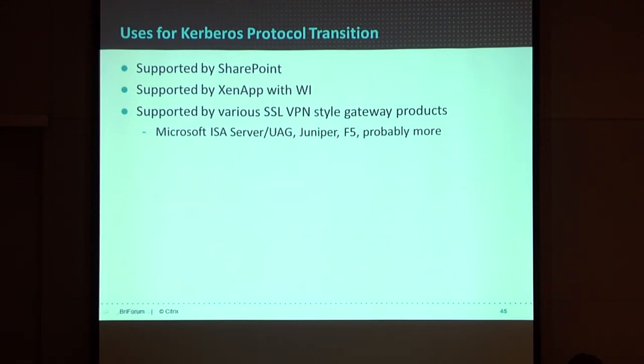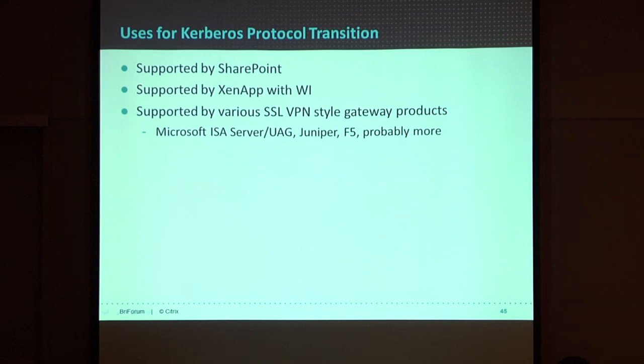So SharePoint can do protocol transition. I think I mentioned Web Interface and XenApp; we added that back in 2005. And interestingly, there are more and more SSL VPN and other gateway products coming along now which have this capability as well.